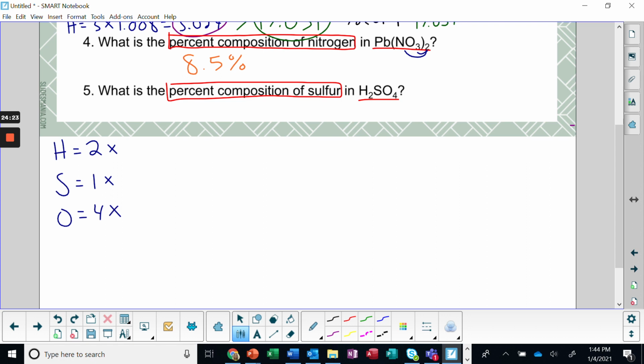Multiplied by the masses from the periodic table. And go ahead, multiply all that out. I get my calculator, I didn't finish.